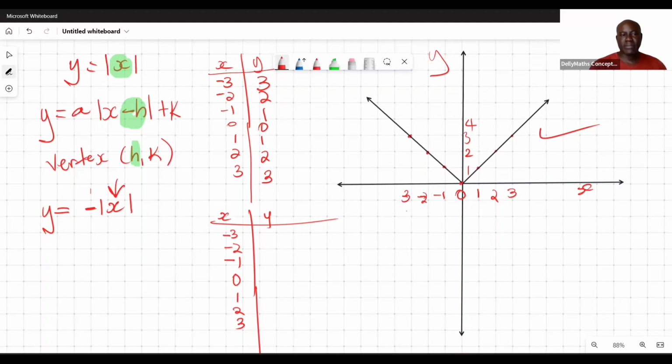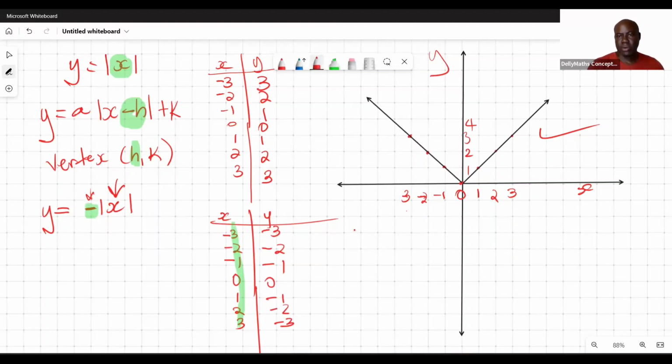But there's a negative in front, which is going to change it back to -3, -2, -1, 0, -1, -2, -3. The absolute value of all of these is positive, but this negative sign negates them, turning them back into negative.